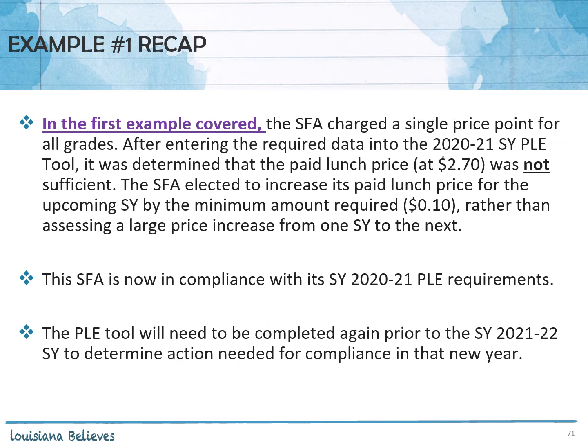The SFA elected to increase its paid lunch price for the upcoming school year by the minimum amount required of 10 cents rather than assessing a large price increase from one school year to the next. This SFA is now in compliance with its school year 2020-21 PLE requirements. The PLE tool will need to be completed again prior to the school year 2021-2022 school year to determine action needed for compliance in that new year.